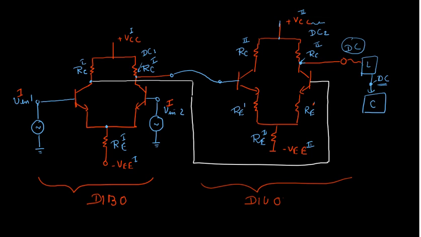Then the question is, how can we design a level translator? So a level translator can be designed using an emitter follower with a voltage divider. Very basic, the simplest level translator can be designed using an emitter follower along with the voltage divider.